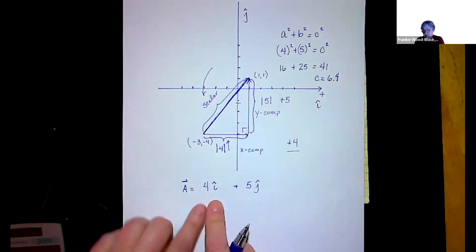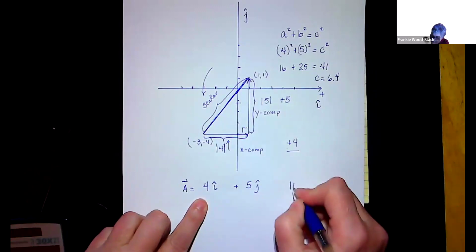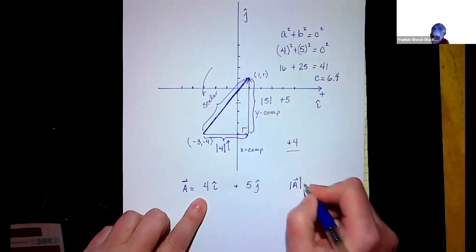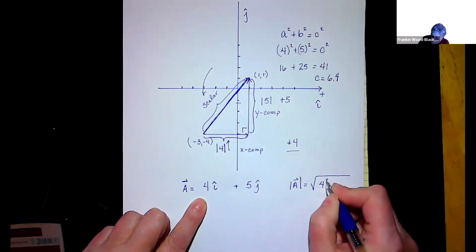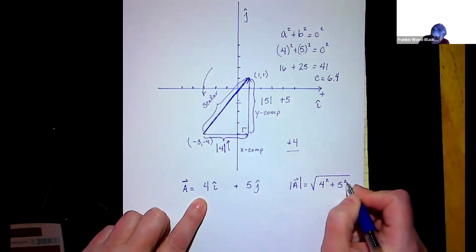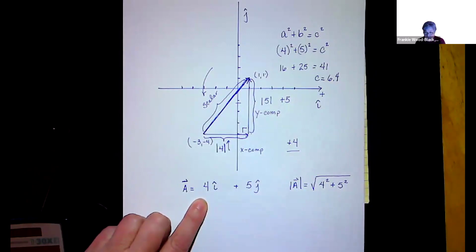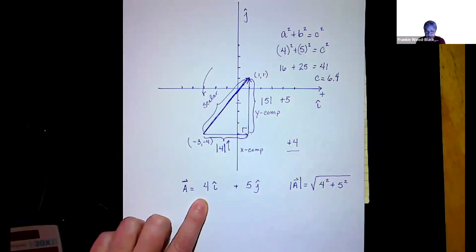So if I've written this like that, I can find out the magnitude of A, and the magnitude of A is just going to be the square root of 4 squared plus 5 squared. So I can actually do the magnitude of A.